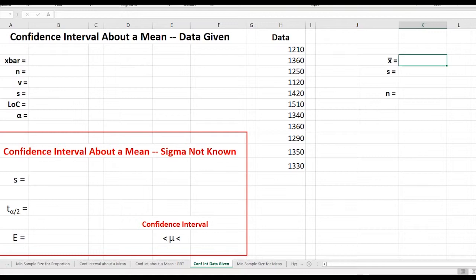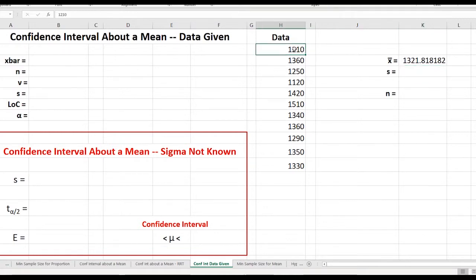We have x bar equals, and well, x bar is the sample average, which equals average. And I'm going to grab the first one and go down to the bottom one and close my parenthesis.